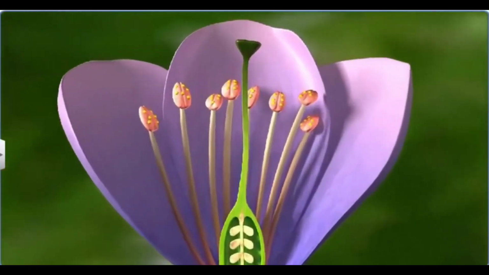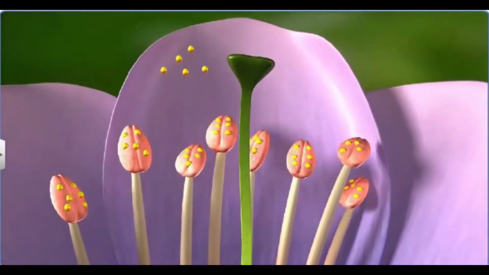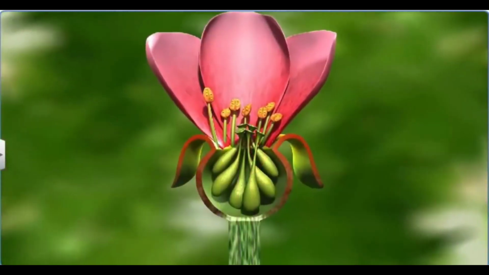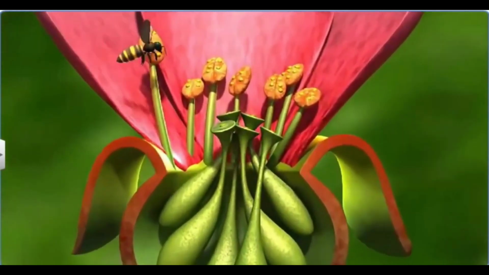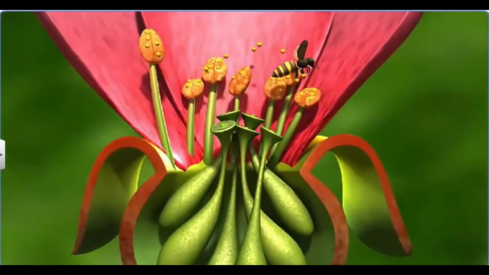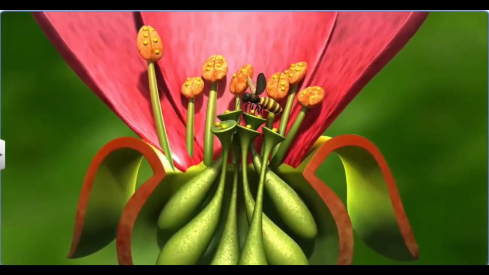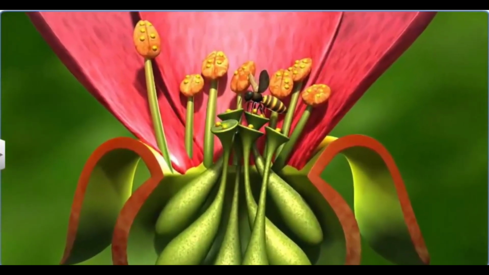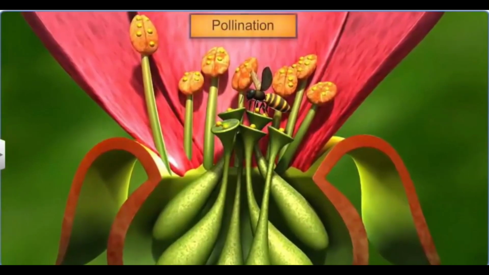However, since the gametes are immotile, pollen grains have to be transferred to the stigma. This process of transfer of pollen to the stigma of a flower, brought about by agents such as insects, wind, and water, is called pollination.